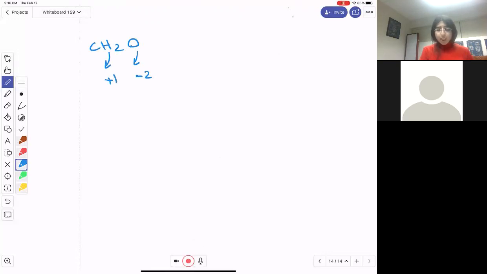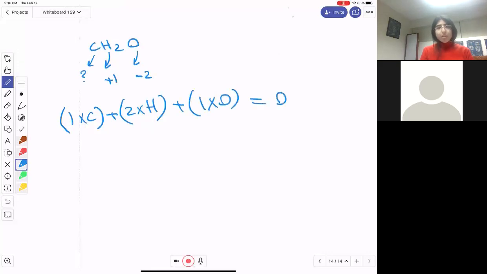And if we want to calculate the oxidation state of carbon, we say 1 multiplied by carbon because we have 1 carbon, +2 hydrogen because we have 2 hydrogens, +1 oxygen equals 0. The sum of oxidation states in a neutral molecule is 0. And we substitute this with +1, this one is -1, so we see +2 -2 equals 0. So carbon would be 0, right?